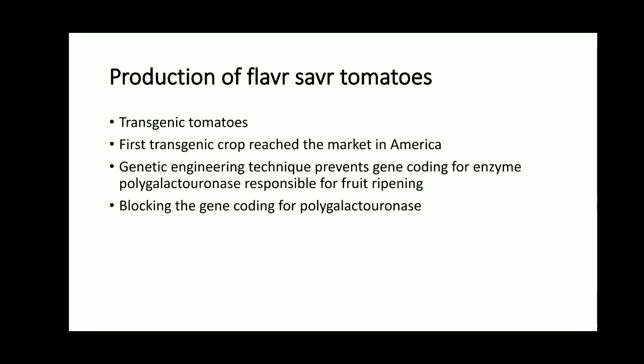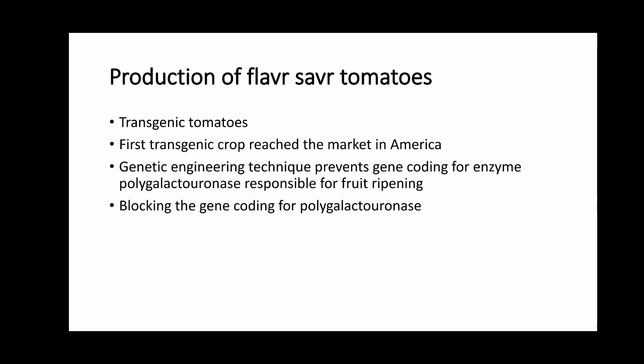Therefore these flavor saver tomatoes remained fresh and firm with delayed ripening till they reached the end users. The normal wild type or organic tomatoes get ripened soon, and their cell wall is very susceptible to bacterial and fungal infections. They get damaged soon during transportation. Why? The cell wall gets degraded.